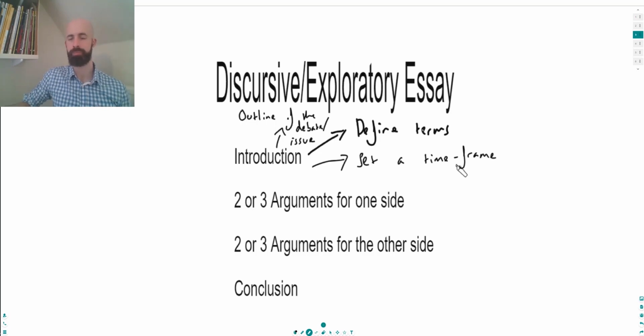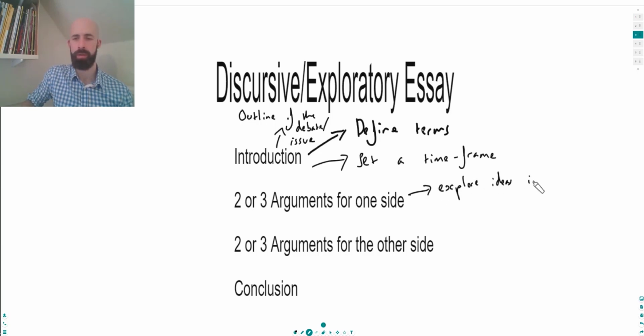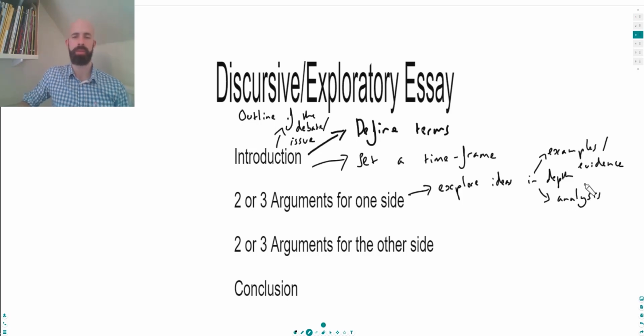First of all, let's say we put forward 2 or 3 arguments for side A, and then after that we put forward 2 or 3 arguments for side B. You're going to have more or less a paragraph per argument, and you want to make sure that you do explore your ideas in depth. This means you want to give examples and evidence, and you also want to draw meaning and do good analysis as well in this section.